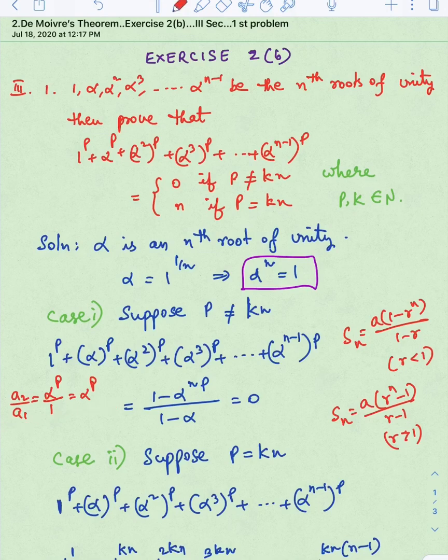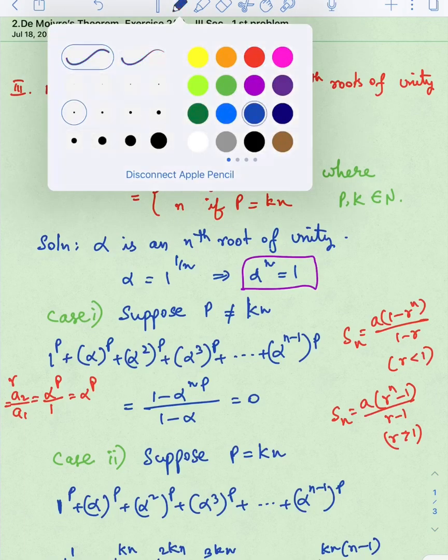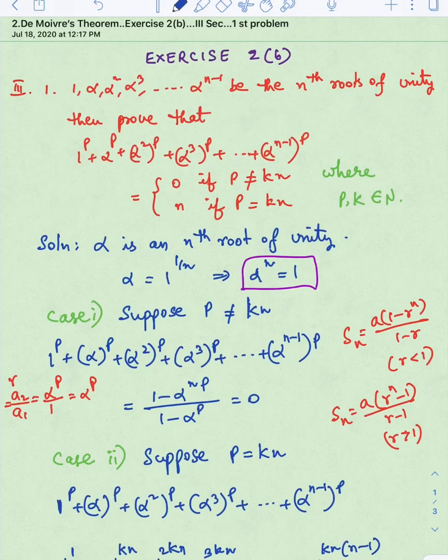That's why here it is np. This is the common ratio a2 by a1, which is alpha power p. So r power n is alpha power np, by 1 minus r. Again, what is r in it? r is nothing but alpha power p, so 1 minus alpha power p.